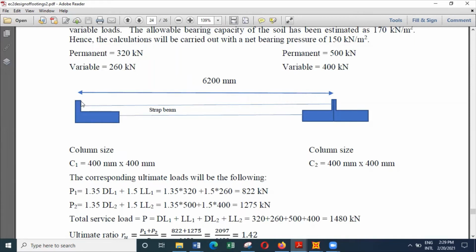The size of the column is 400 by 400, which means from the center line you get 200 millimeters. If this width is 1.8 meters, then you will get the center line here at 0.9 meters. 0.9 minus 0.2 is equal to 0.7 meters.